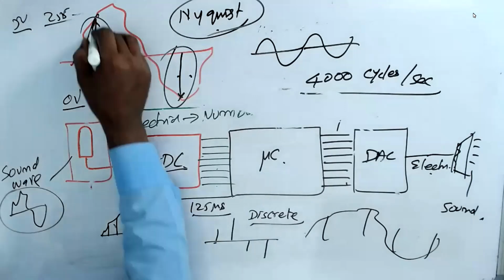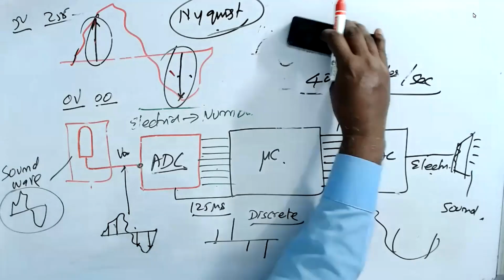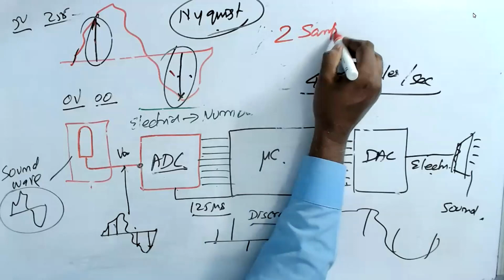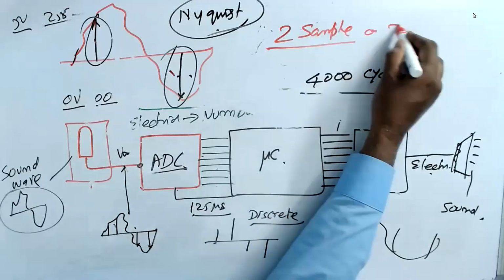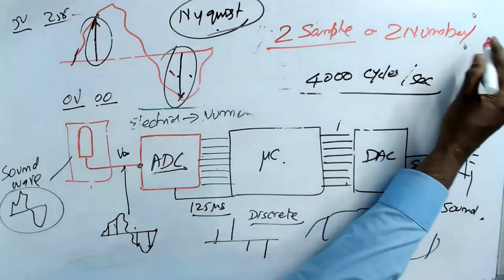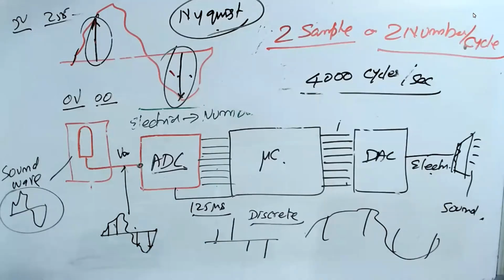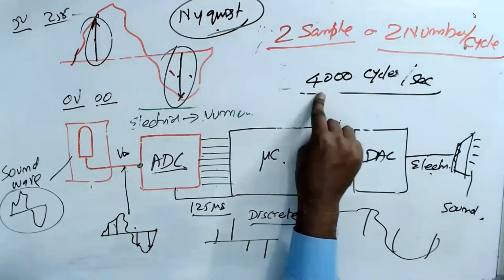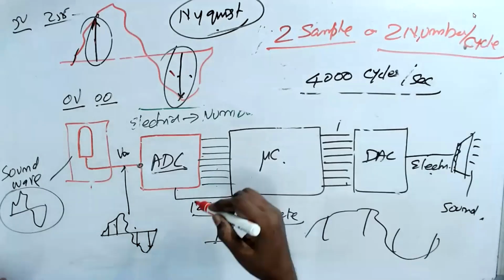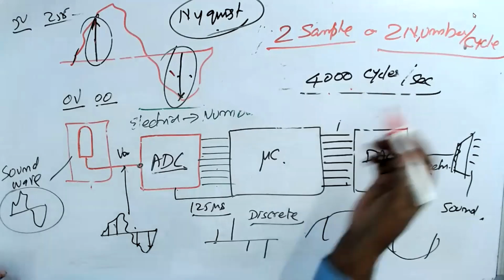Please understand what Nyquist said. 2 samples, or 2 numbers, per cycle. Now how many cycles do you have? 4,000 cycles per second. So 2 numbers per cycle, with 4,000 cycles per second, totally I get 8,000 numbers.